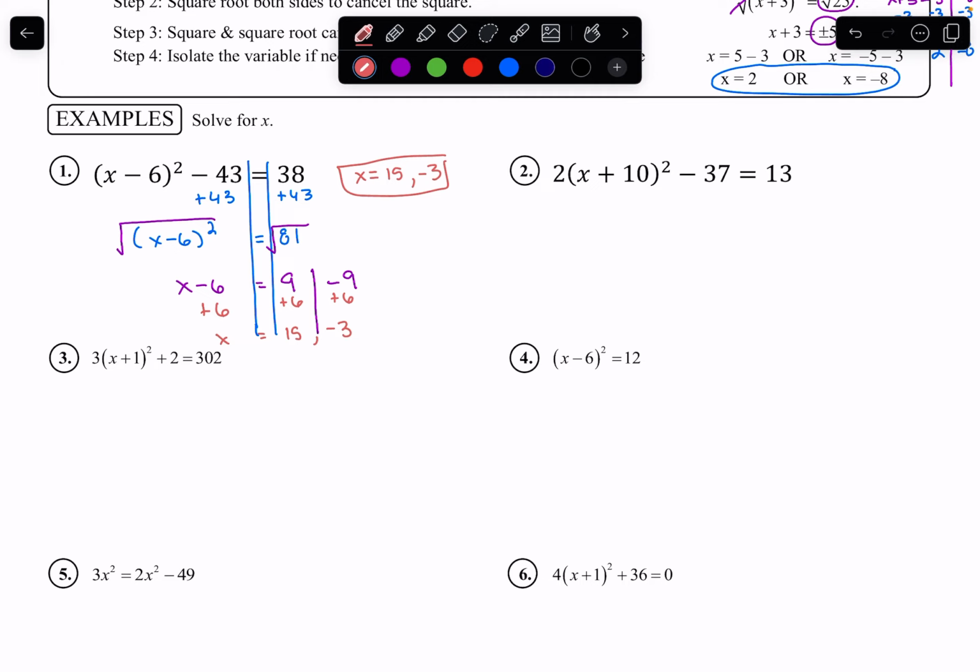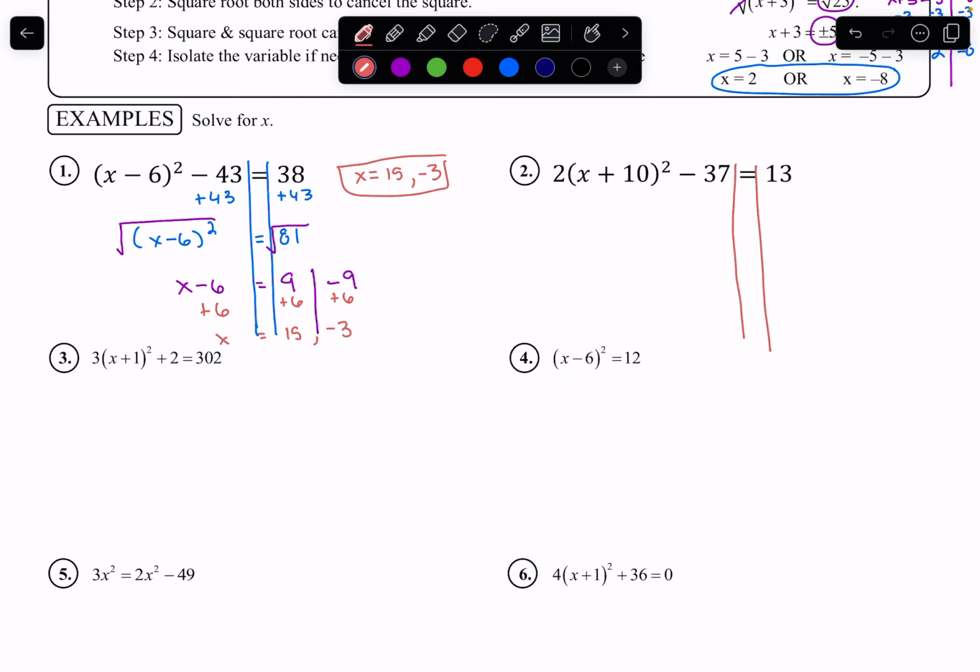So answer number 2, I've got an x plus 10 on the inside of a parenthesis being squared. On the outside, I've got a minus 37 and a 2 that's getting multiplied. So I've got to work backwards to get x by itself.